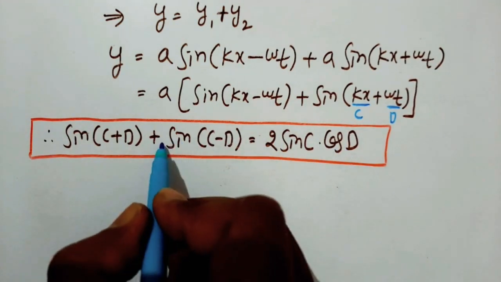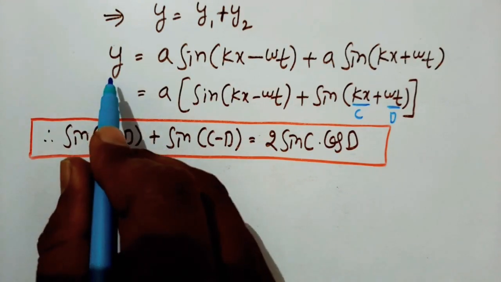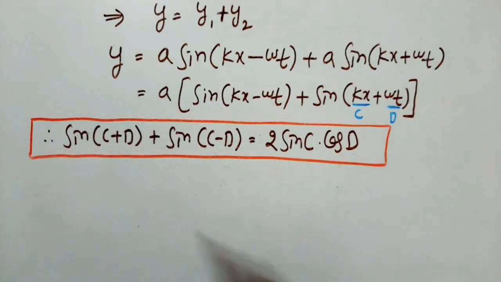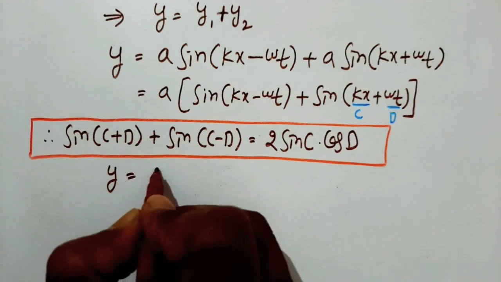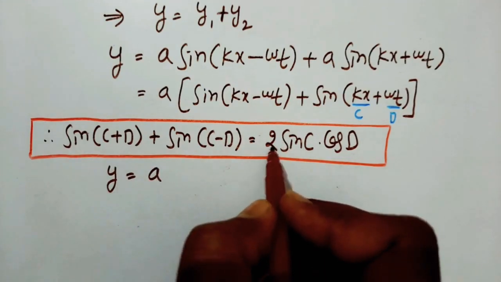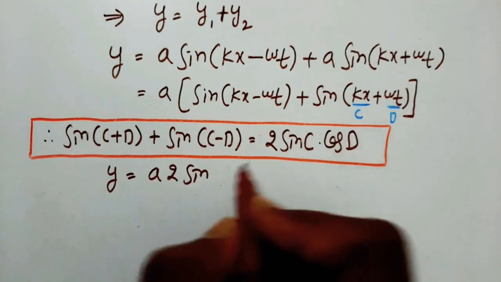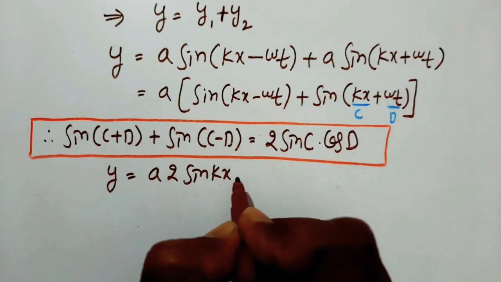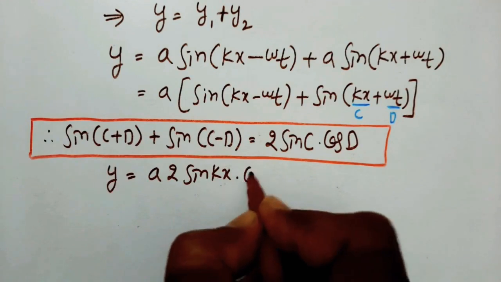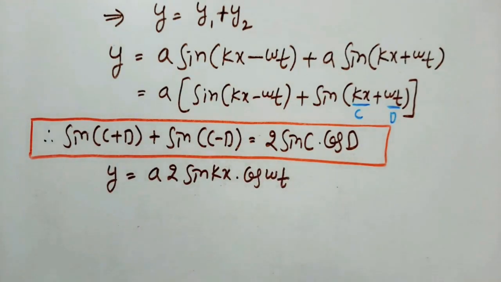So by using this formula, here we can write y is equal to a into 2 sin, here c is what? kx, into cos d, that is cos omega t.